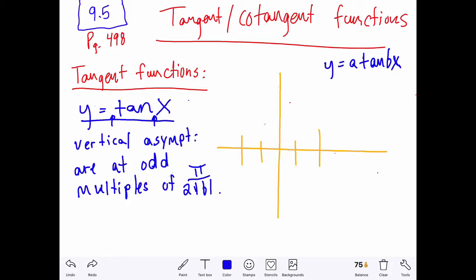Okay, so vertical asymptotes are at odd multiples of pi over 2b. So pi over 2 times the absolute value of 1. Absolute value of 1 is 1, multiplied by 2 is 2. Pi over 2. So I know that I have a vertical asymptote here at pi halves.